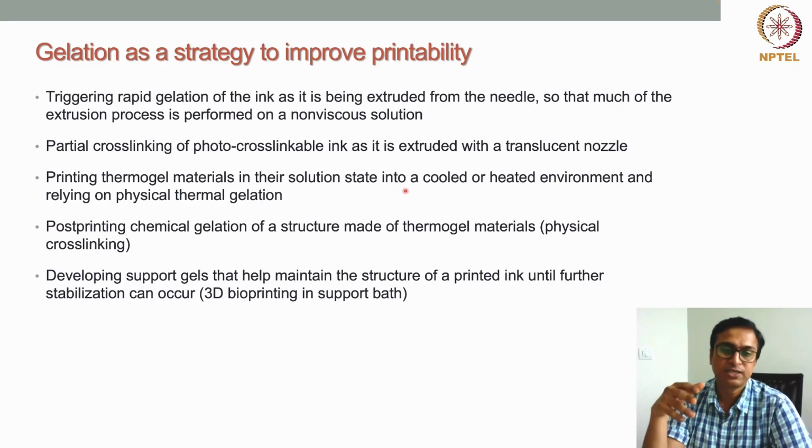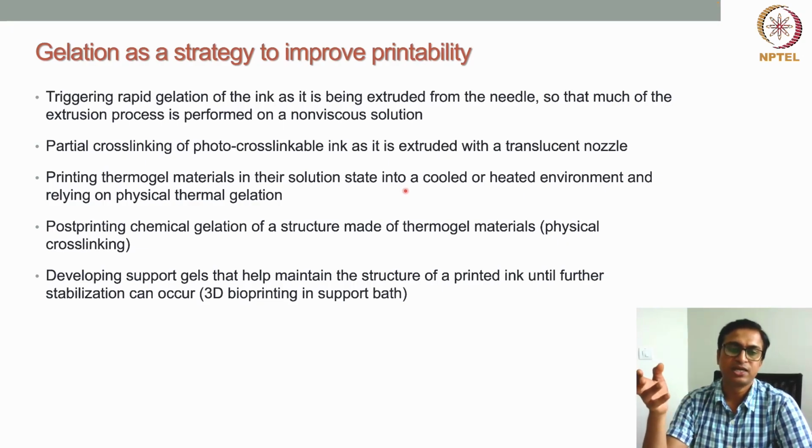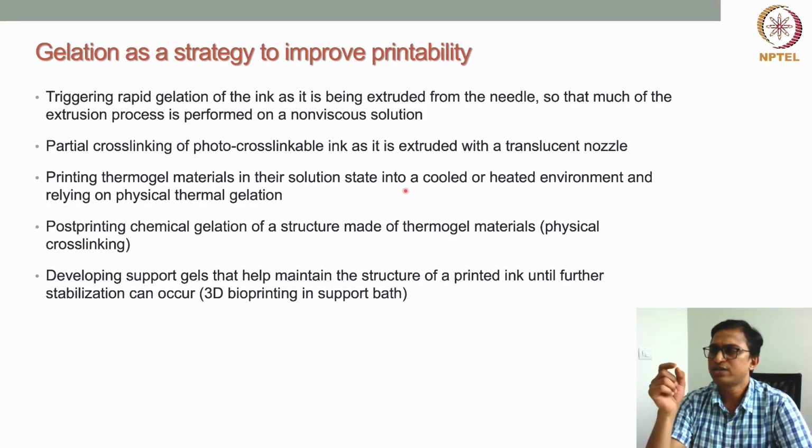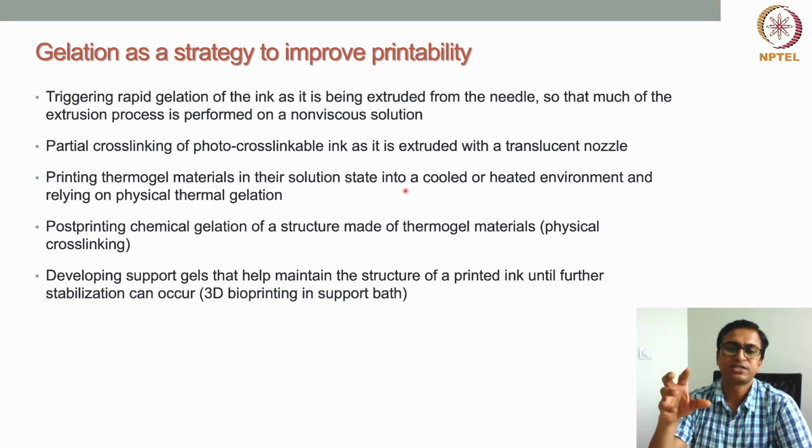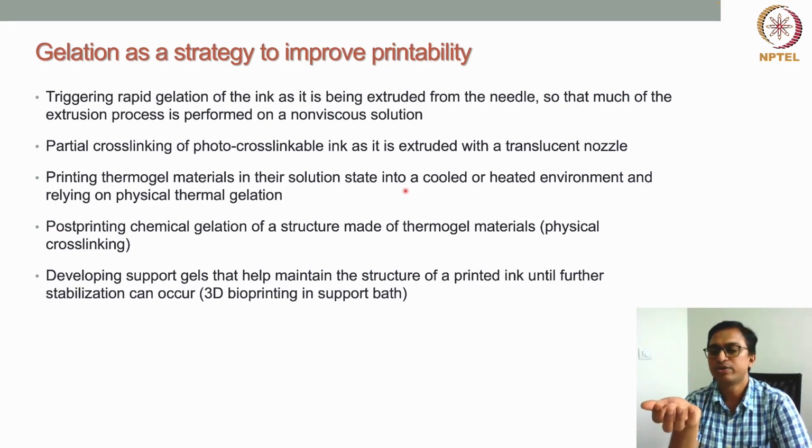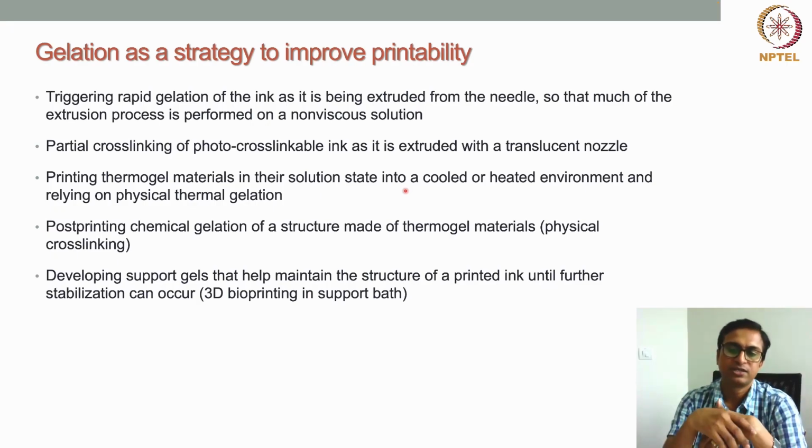To improve the stability of the material, some kind of chemical gelation or covalent cross-linking can be introduced after this physical cross-linking of the thermogel materials. So after post-printing, when the material is physically cross-linked, we can introduce some chemical cross-linking to improve the shape retention and the long-term stability of the structure.